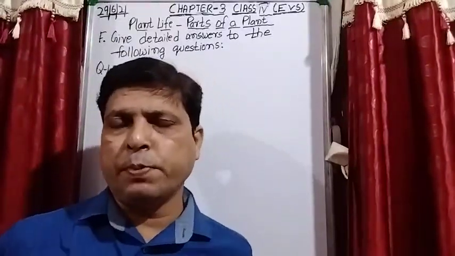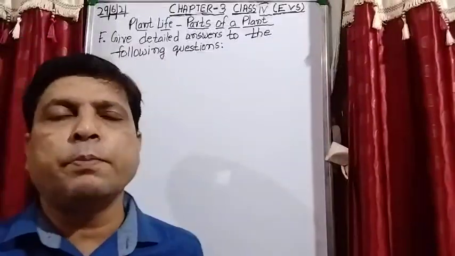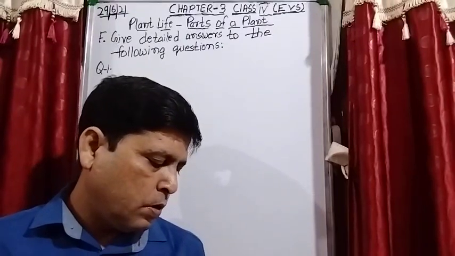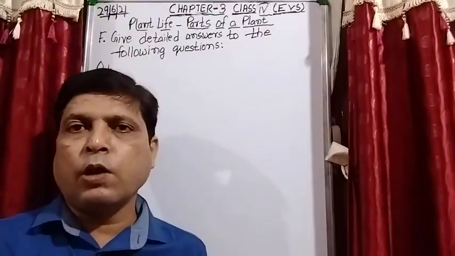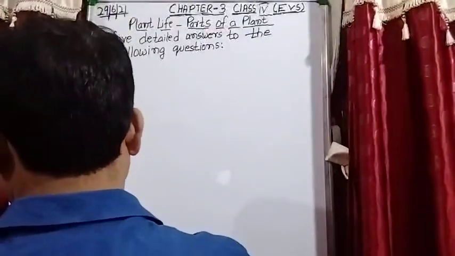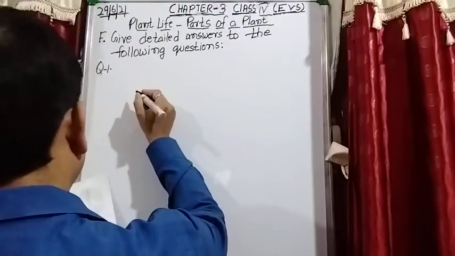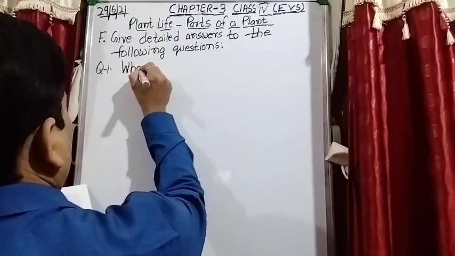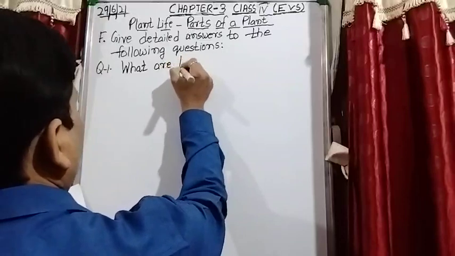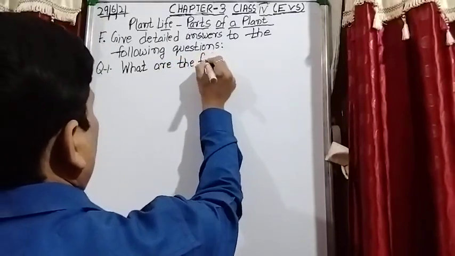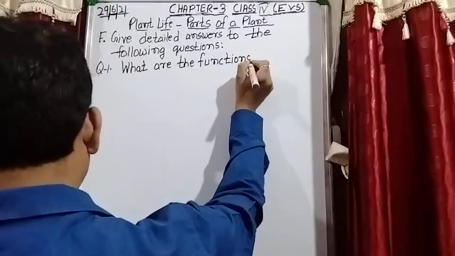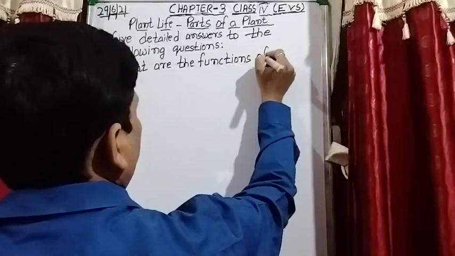Students, take out your classwork copy and take your book also. Open page number 23. You can note down the question from the book, or even from the board also. First question is, what are the functions of a root?